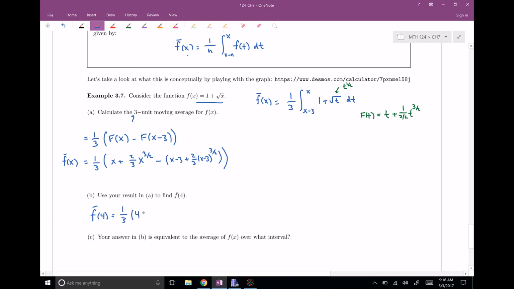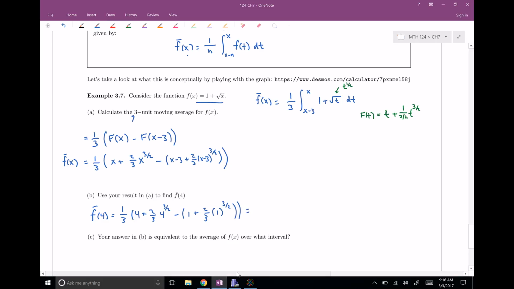So this is going to be 4 plus 2/3 and 4 to the 3/2. Let me just put that for right now. We'll evaluate this in a second. Minus, and remember my parentheses, so 4 minus 3 would be 1 plus 2/3, and then 4 minus 3, that again would be 1 raised to the 3/2. Close a couple parentheses here.